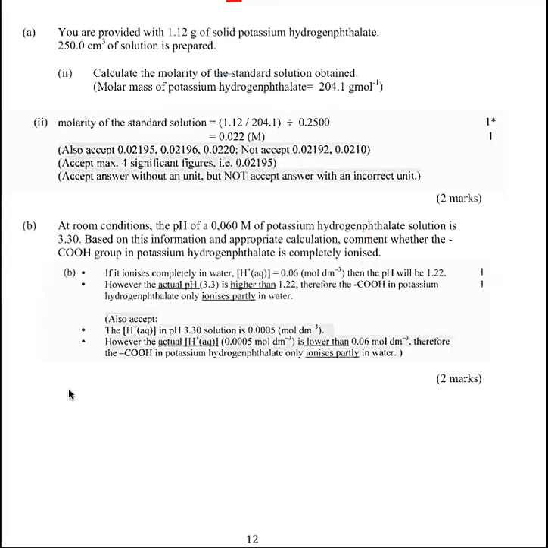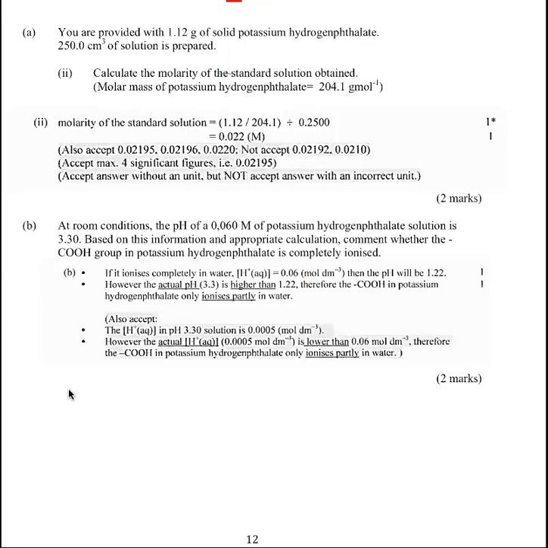There are two ways of doing it. Because you know the concentration, let's assume it is completely ionized, then the hydrogen ion concentration will equal 0.06 molar. Then by using that, we can calculate the pH, which is 1.22.